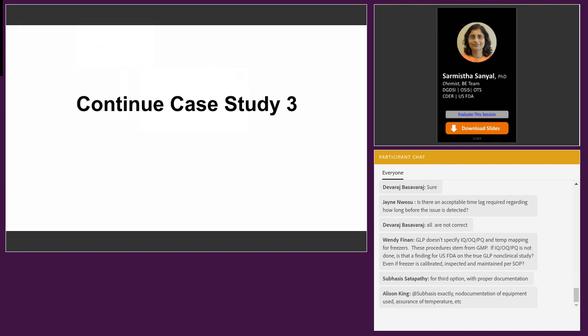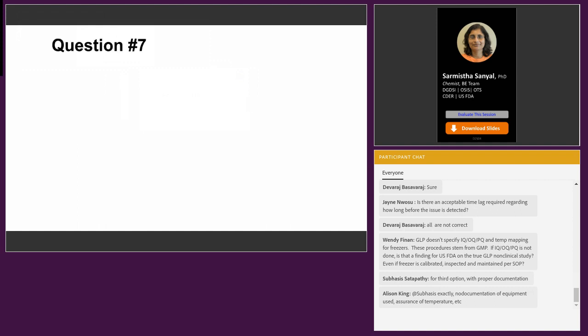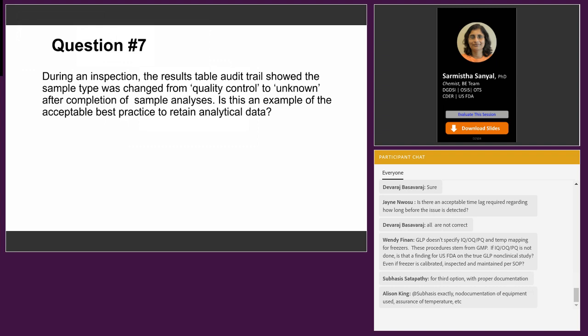Okay, so we are back to discuss some questions related to case study 3. The first question: during an inspection, the results table audit trail showed the sample type was changed from quality control to unknown after completion of sample analysis.